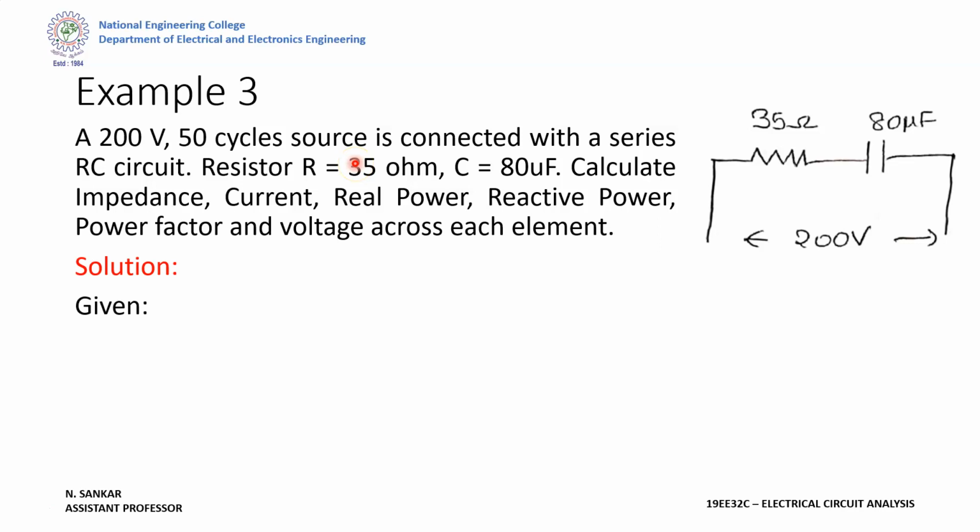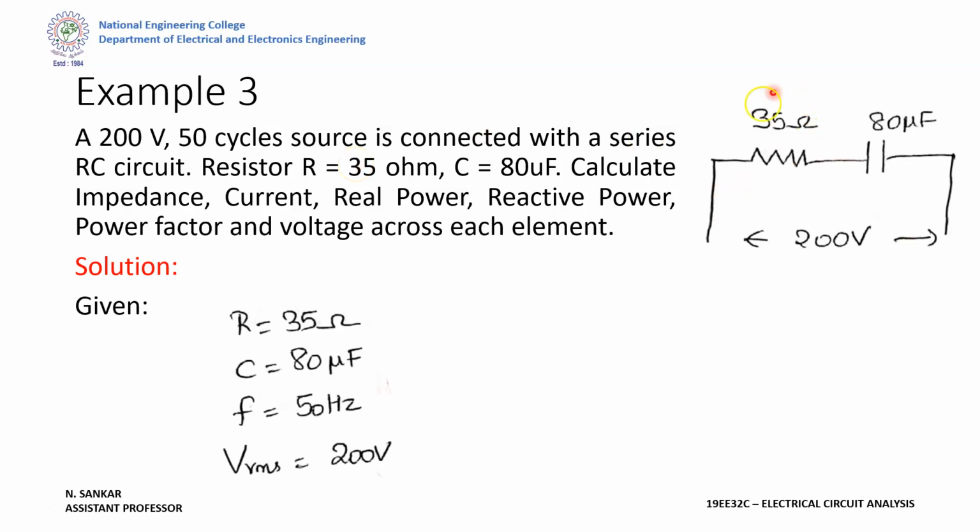So here the given data is your resistance value 35 ohm, capacitance value 80 microfarad. Micro is nothing but 10 power minus 6, and your voltage 200 volt, and then frequency 50 hertz. So for impedance, we already know Z is equal to R plus jX. Here, because of the use of capacitance, the reactance will be negative, that is minus XC.